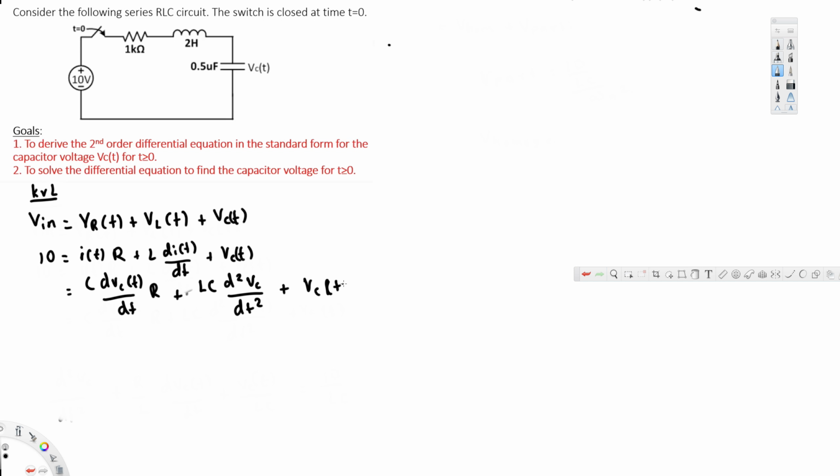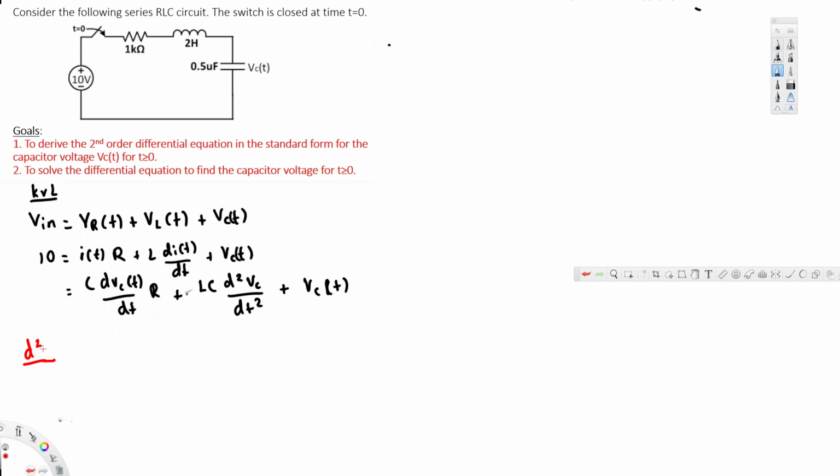Now if you look at this, this is almost a second order differential equation, but it is not in standard form because we have a coefficient in front of the second order term. We shouldn't have that. So in order to eliminate it, we are going to divide everything by LC. I'm writing this in terms of order, second order first.